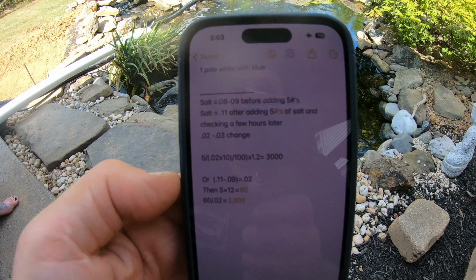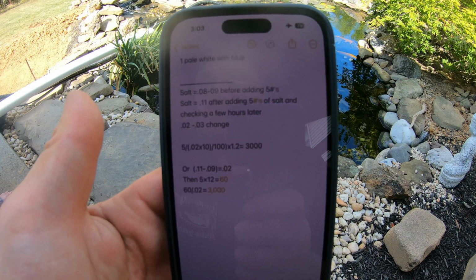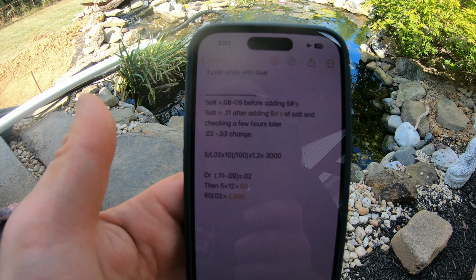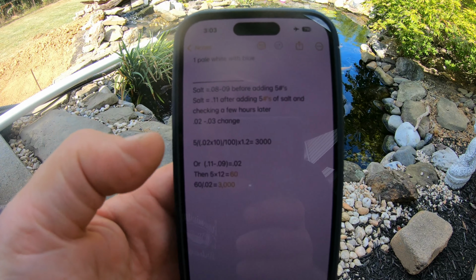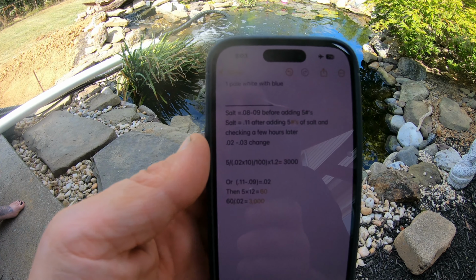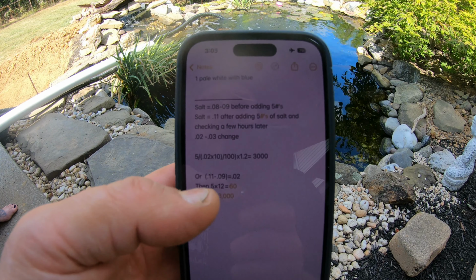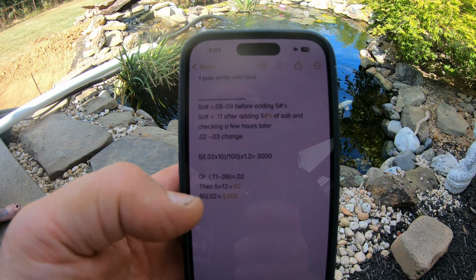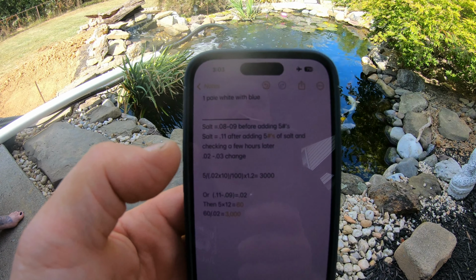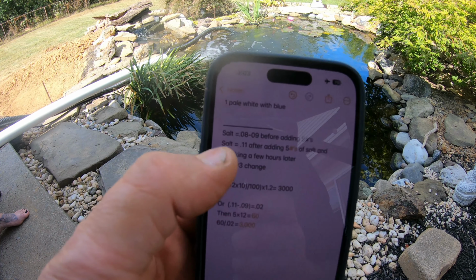All right, so I did my calculations, and it turns out I've actually been dead nuts on with what I've been estimating my pond volume at, which is 3,000 gallons. Before adding the salt, we were teeter-tottering on 0.08 to 0.09 percent. I took the 0.09, which would have basically underestimated, to get my 3,000 gallons.